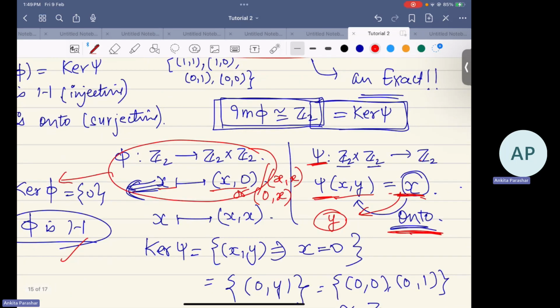If you see the image of phi, that is isomorphic to Z2, right? You are looking at one copy of your Z2 inside that, and the kernel of psi is also Z2.